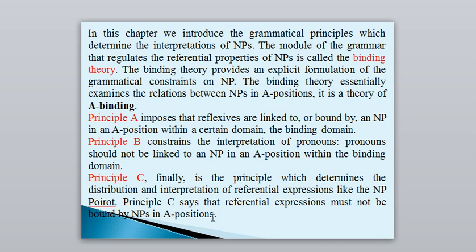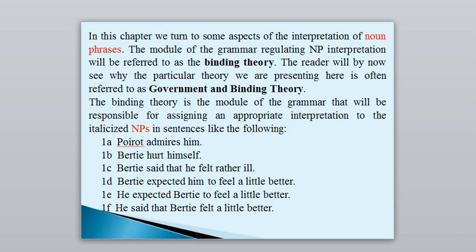And principle C, finally, is the principle which determines the distribution and interpretation of referential expressions like the NP Poirot. So principle C is about the proper name or noun like Poirot. Principle C says that referential expressions like these proper names must not be bound by NPs in A position. For example, look at the examples again.